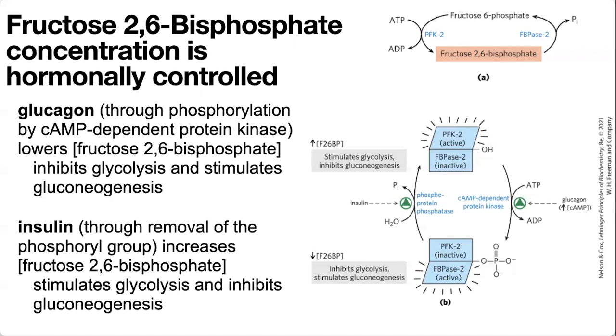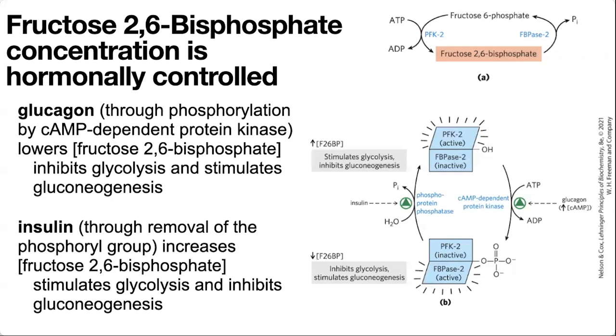What determines whether it's acting as a kinase or whether it's acting as a phosphatase is its own phosphorylation state. When it's phosphorylated, basically, you're going to activate the phosphatase domain. This is going to then decrease the levels of F26BP, and this is going to inhibit glycolysis and stimulate gluconeogenesis. Alternatively, if it's not phosphorylated, well, now you're going to have the kinase domain active.